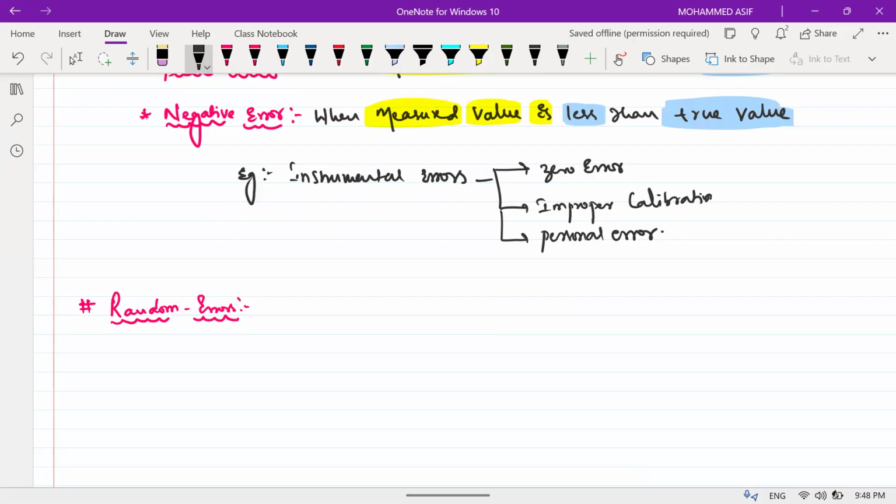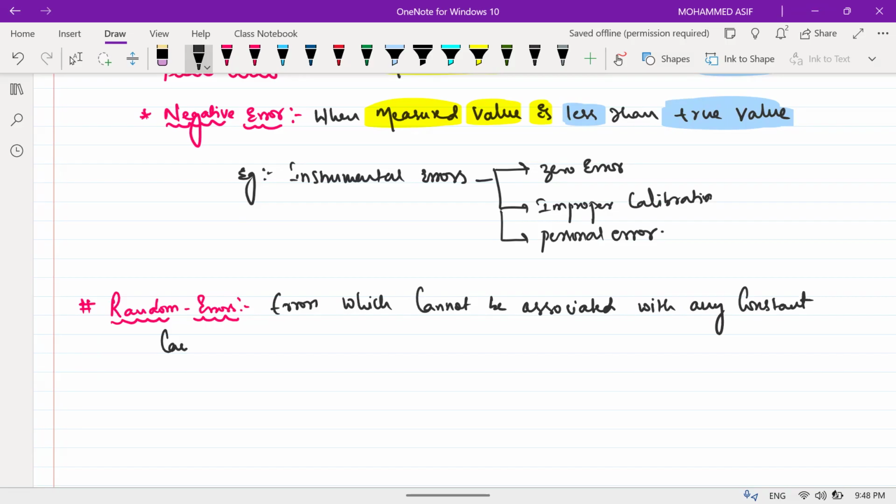So I can write here: errors which cannot be associated with any constant cause, and can have any sign. That means it can be a positive or negative error.